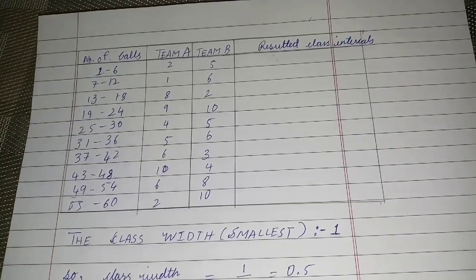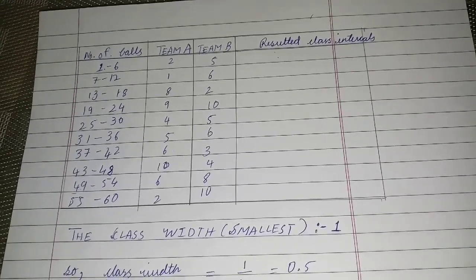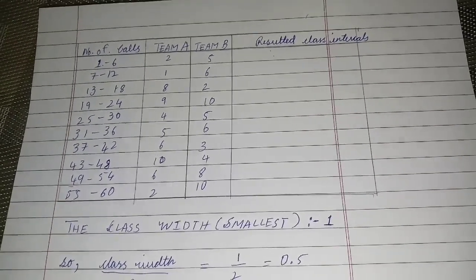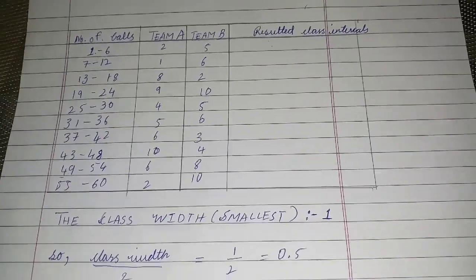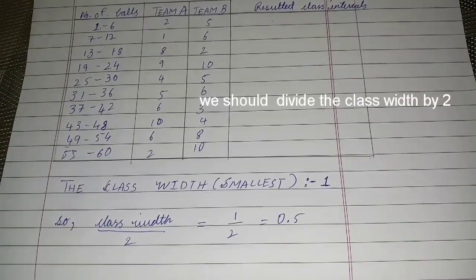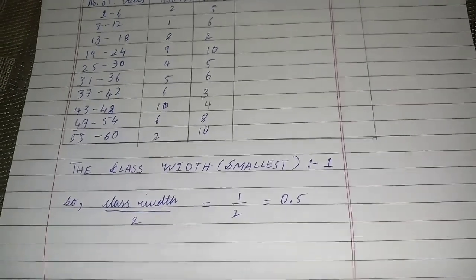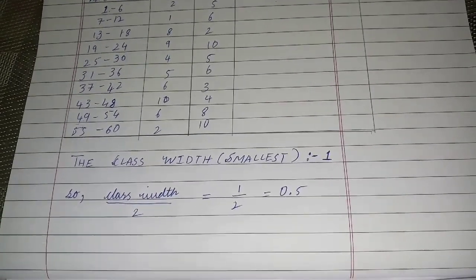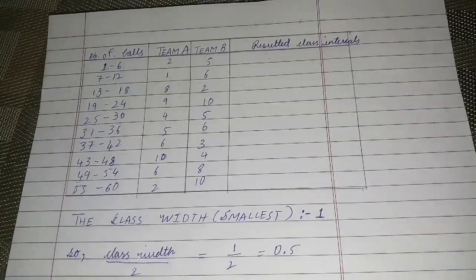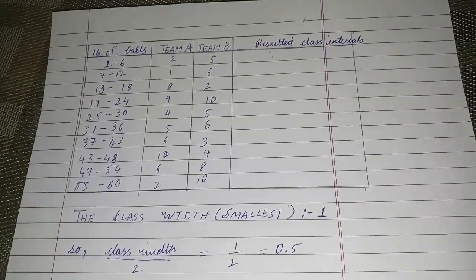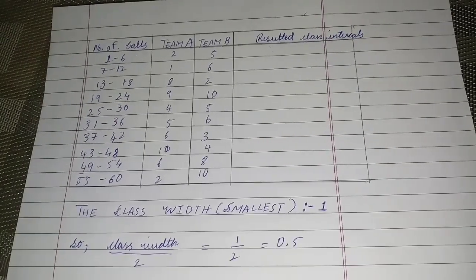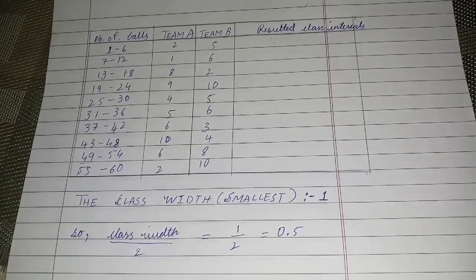Solution. The minimum class width between all of this data is 1. So we divide 1 by 2, which is 0.5. So we add 0.5 to the upper limit of the class interval and subtract 0.5 from the lower limit.